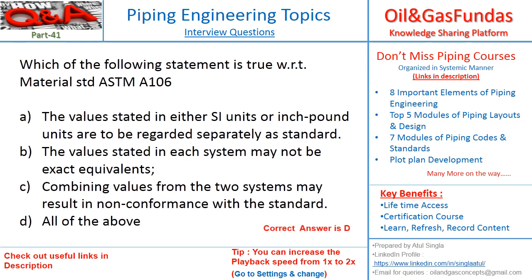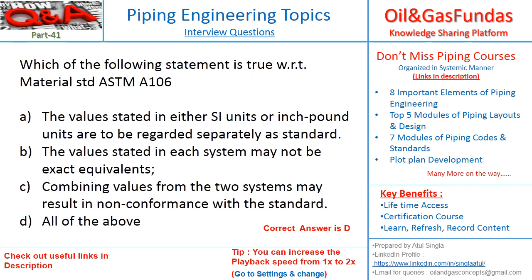So the correct answer is D. Now let us try to understand the question. The question is talking about the material ASTM A106. Although this is a general statement, this can be implemented to all the material standards. In any of the ASTM standards, you will get dimensional criteria, whether it is SI unit or inch pound.